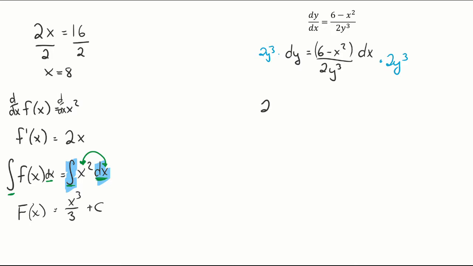What that does for me is on the left side, I only have y's, and on the right side, I only have x's. In fact, we have separated the x and the y's. That's why we call this a separable equation. We are able to separate the two. Now, take the integral of both sides.